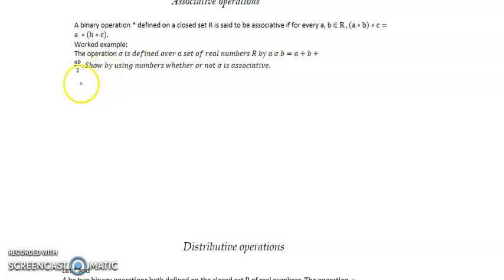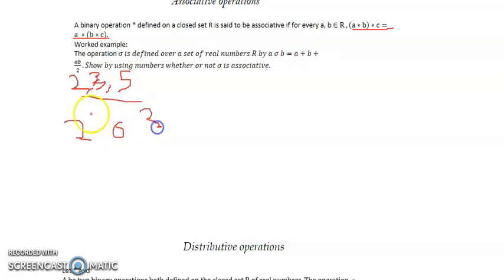Let's see. We use 2, 3, and 5 to prove whether it's associative. According to the general rule, this is the general rule. So now let's see: 2 sigma 3, then sigma 5.